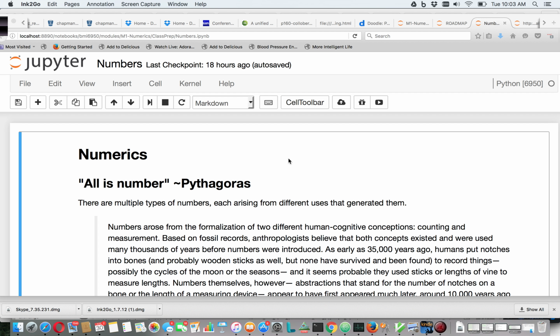Okay, and we're going to start off with looking at what the most basic building block of a computer program is, and that's numbers. In fact, what we'll find is that numbers are the basis of almost everything in a computer program.